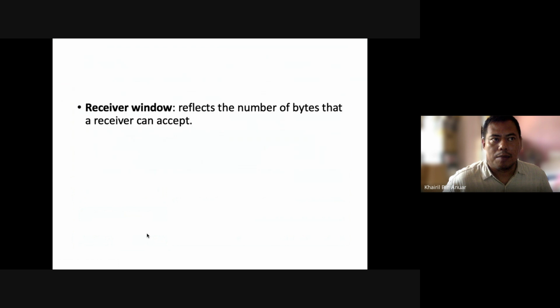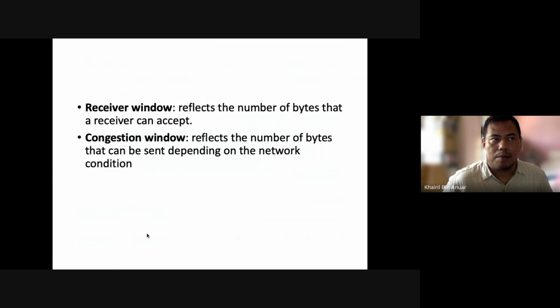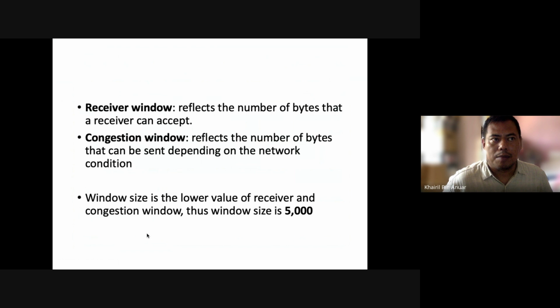Okay, so definition first. The receiver window reflects the number of bytes that a receiver can accept, whereas the congestion window reflects the number of bytes that can be sent depending on the network condition. So basically, the congestion window is implemented at the sending side, and the receiver window is implemented at the receiving side. Out of this, you need to find the lowest value between these two.